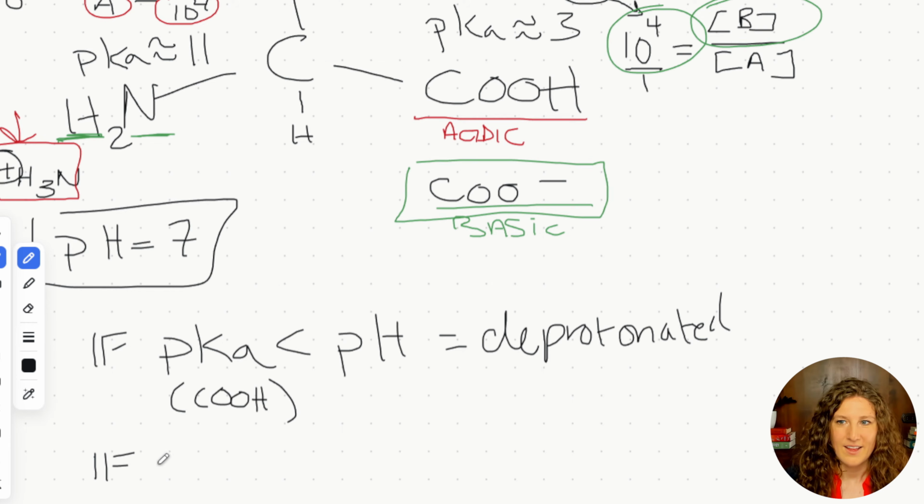If the pKa is greater than the pH, think amino group here, amino, NH2, then we will be protonated.